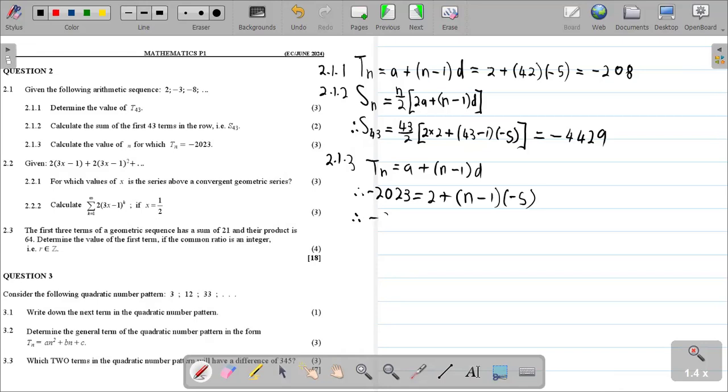Okay, so it becomes negative 2025 equals negative 5 into n minus 1. So therefore n will be equal to 2025 divided by 5 plus 1. Okay, so it's going to give you 406. Use a calculator here. So this is the n for this term. And then 2.2.